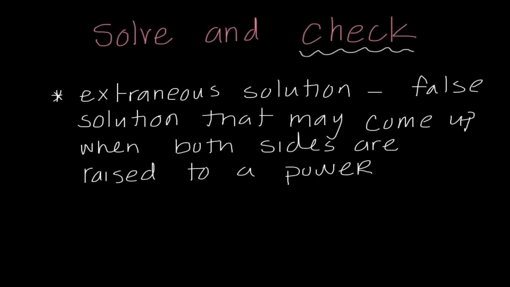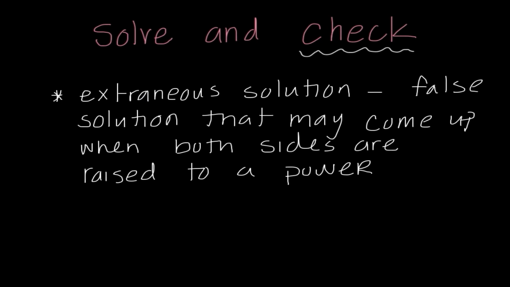An extraneous solution is a false solution that may come up when both sides of the equation are raised to a power. Let's just think about it for a moment. We've learned that the degree of a polynomial dictates how many possible solutions there will be, how many zeros we have.